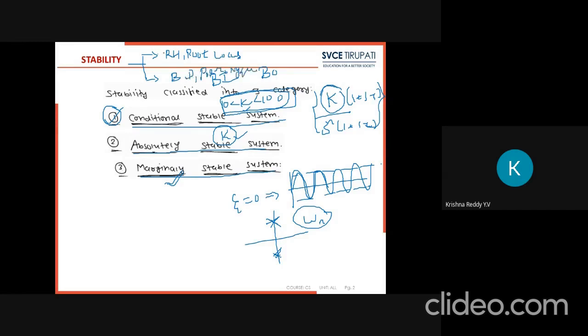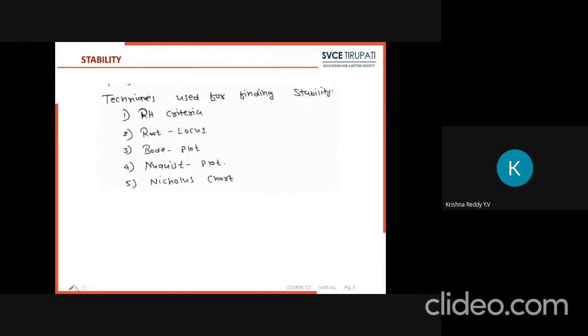With the help of these techniques, we can determine the stability of the system, either in time domain analysis or frequency domain analysis. The first two techniques are used for time domain analysis, and the others are used for the frequency domain.